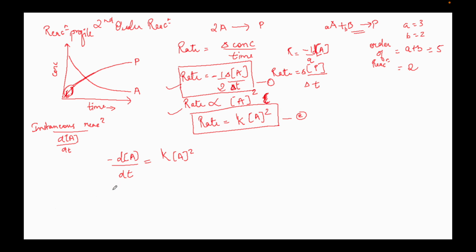So when you integrate this equation, the left hand side will integrate in terms of the reactant A, and the right hand side will integrate in terms of t. So now we'll take the like terms on one side. dA by A square is equal to k dt. This is very simple, okay, very simple, straightforward.